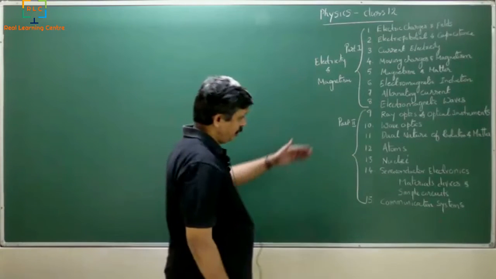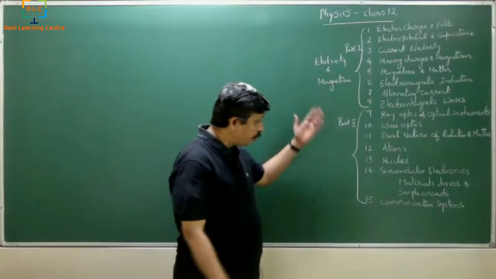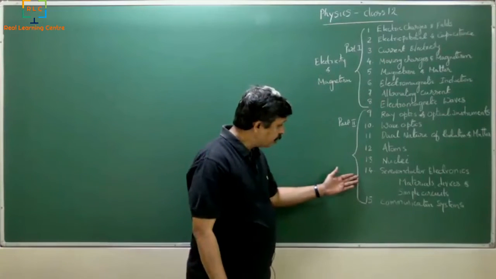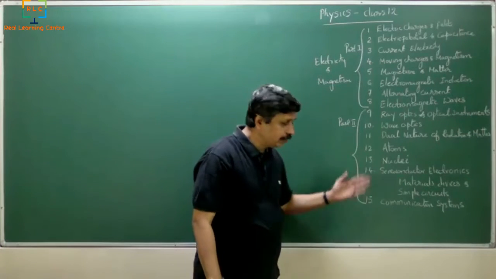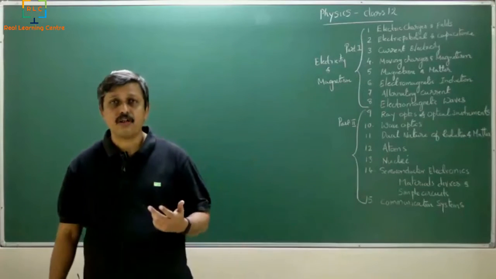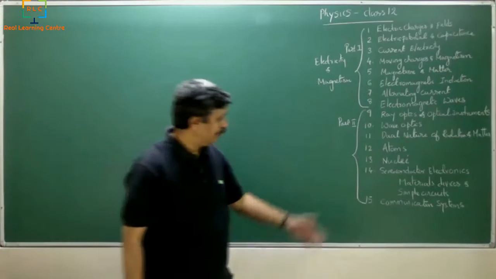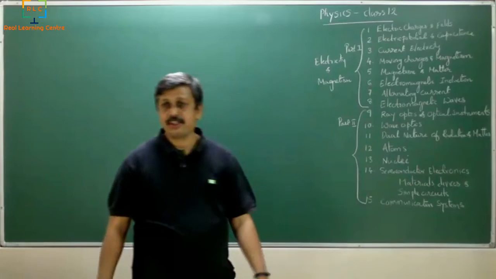Whereas the second part has somewhat more assorted topics, but they are also connected. And the last two topics, semiconductor electronics and communication systems, get you into the applications of physics in engineering, like electronics engineering and communication engineering.